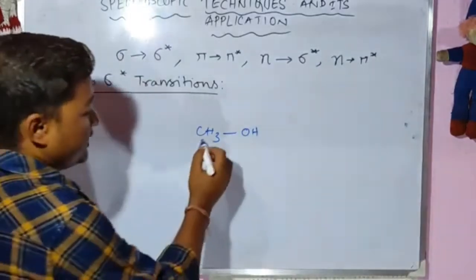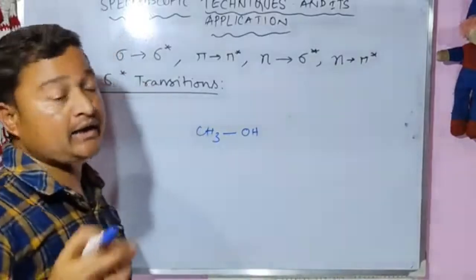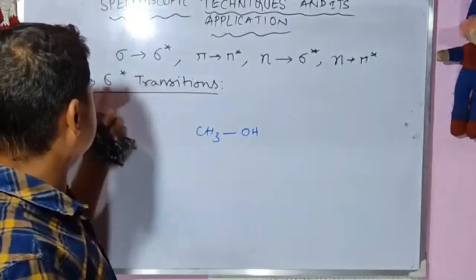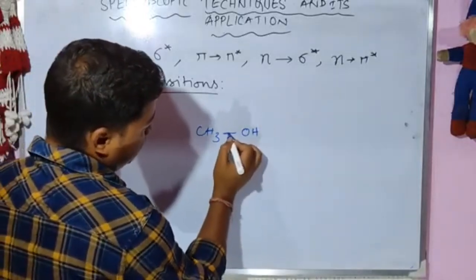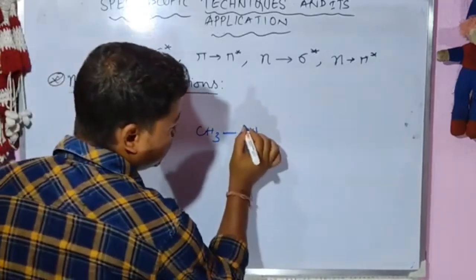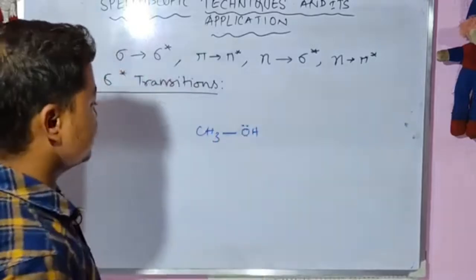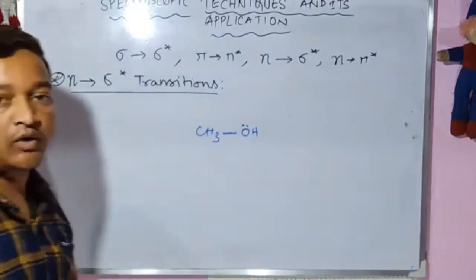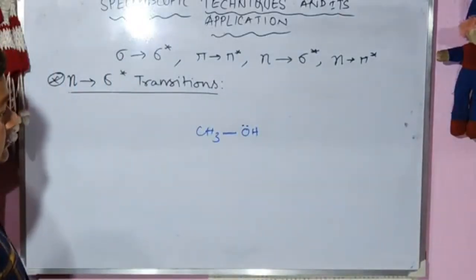In molecules in which sigma bonds and non-bonding electrons are present, the n to sigma star transitions occur. In this molecule, methanol, the oxygen has 2 non-bonding electron pairs. These non-bonding electrons jump from the non-bonding molecular orbital to the antibonding sigma orbital.